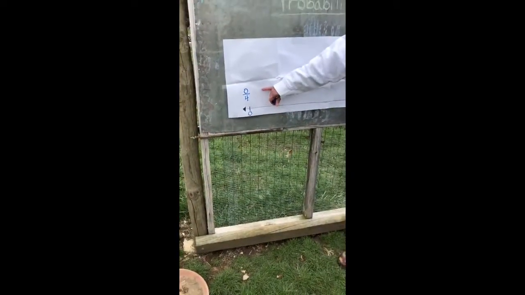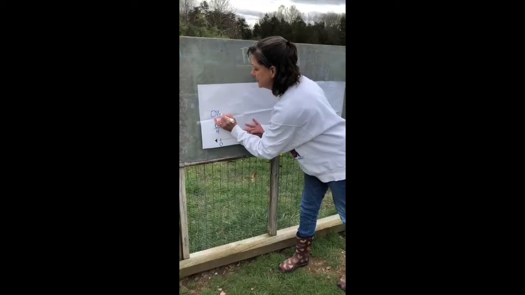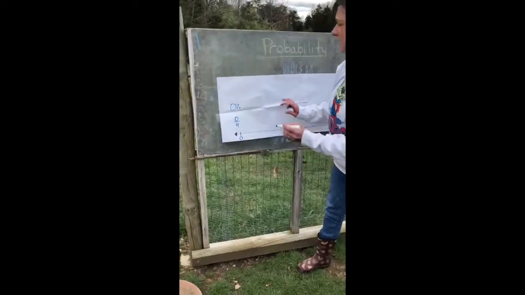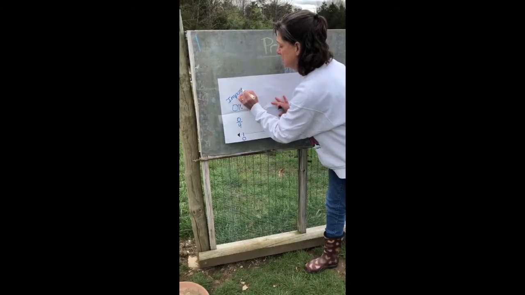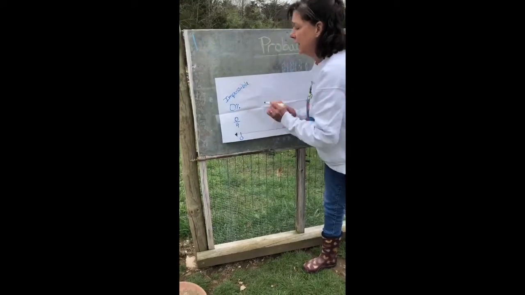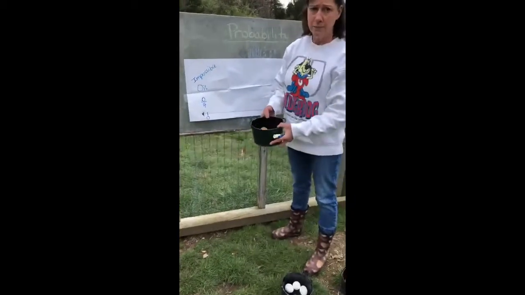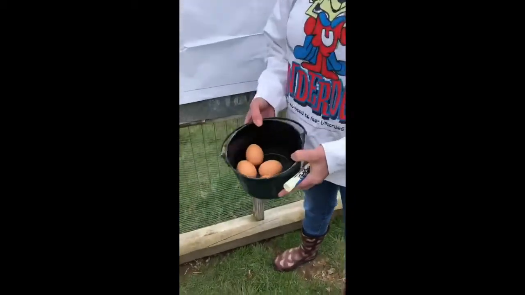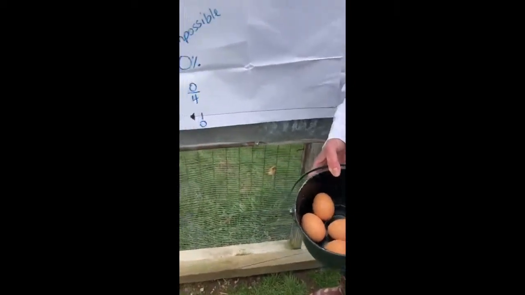So this is telling us that the chances of picking a white egg are 0%. The term we use for that is impossible. It's impossible to pick a white egg from this bucket of brown eggs. I could pick all day long and I will never ever pick a white egg.